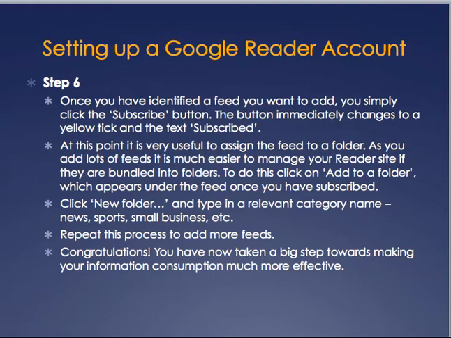To do this, click on Add to folder, which appears under the feed once you have subscribed. Click New Folder and type in a relevant category name: News, Sports, Small Business, etc. Repeat this process to add more feeds. And congratulations, you have now taken a big step toward making your information consumption much more effective.